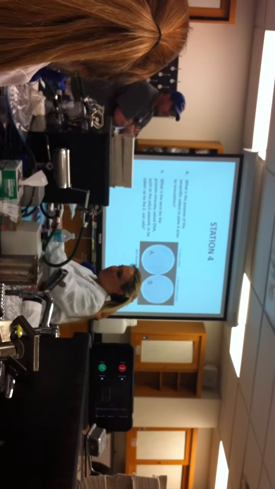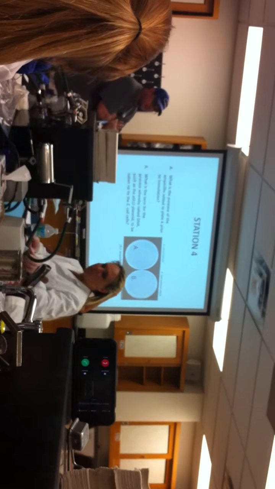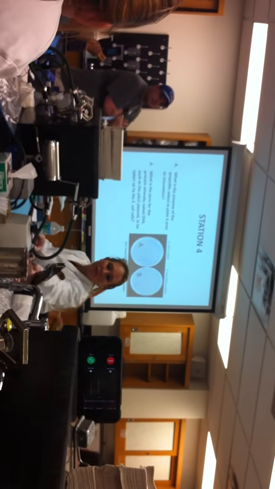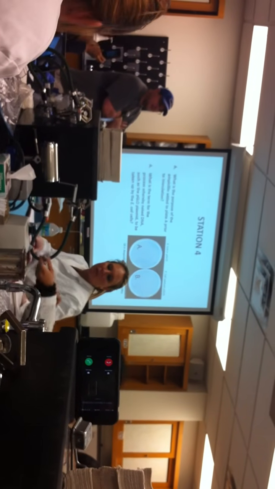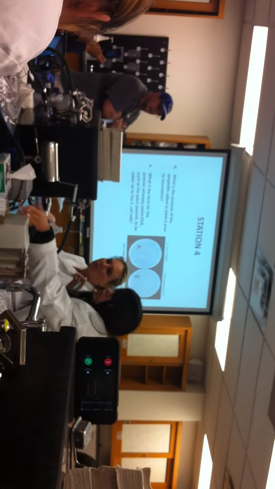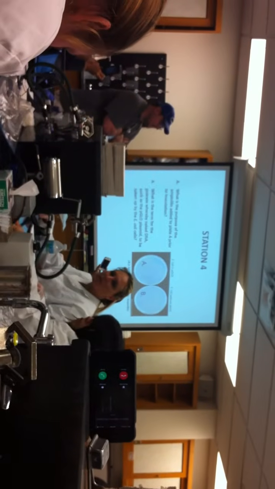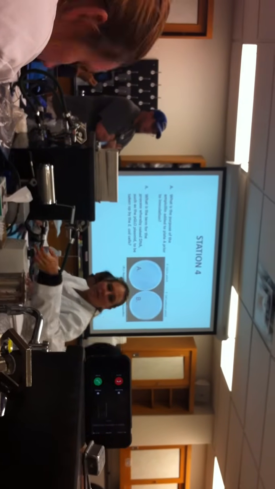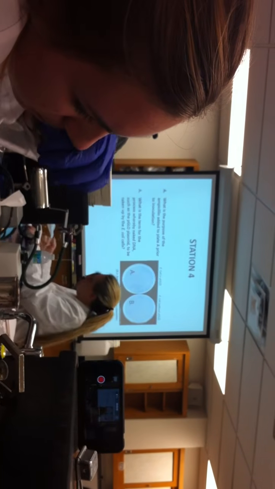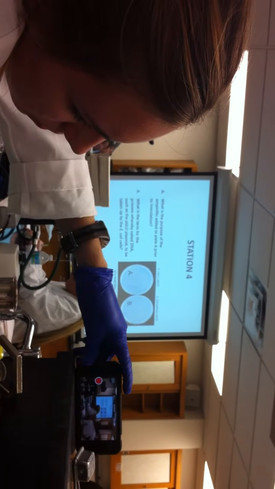Everything grew, so you can't tell the difference one way or the other. The ampicillin allows for you to differentiate whether or not the plasmid was taken up or not. With me? So it kills all the cells where you didn't have the plasmid taken up. You guys had some blank plates because you didn't take up a plasmid and it killed everything, right? So that's what the ampicillin is for.